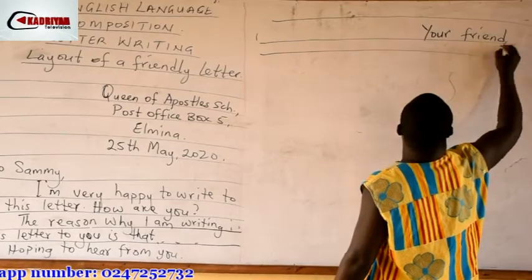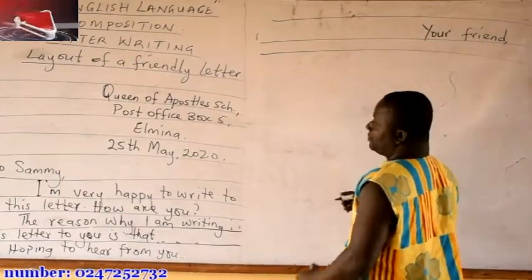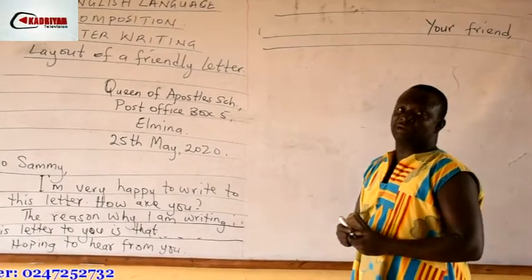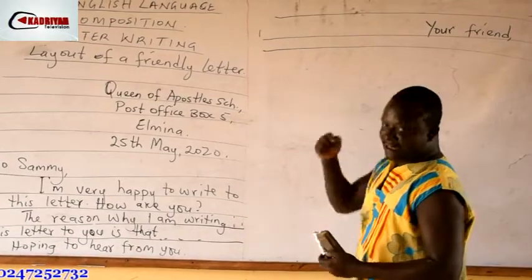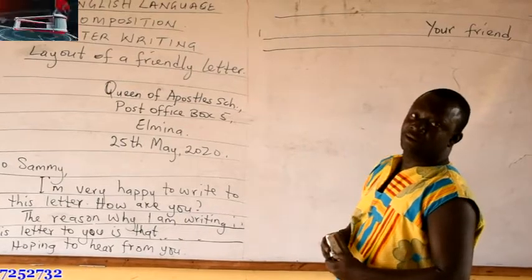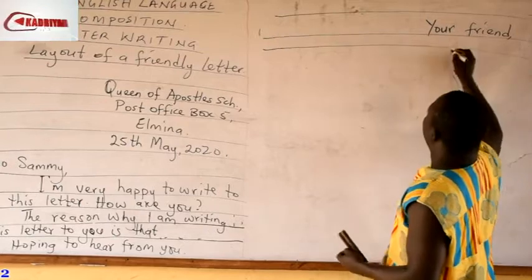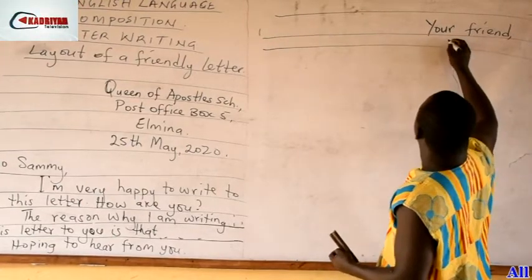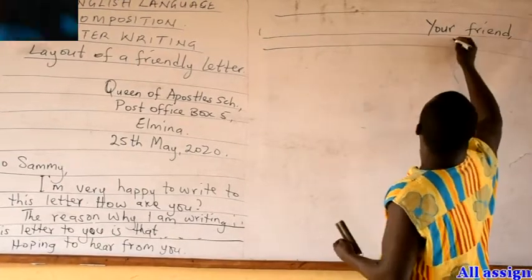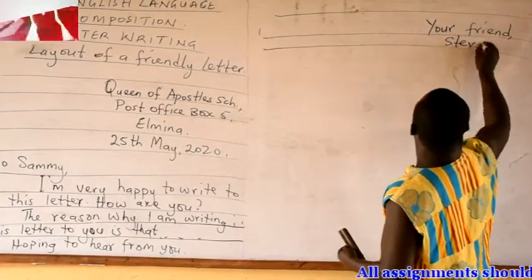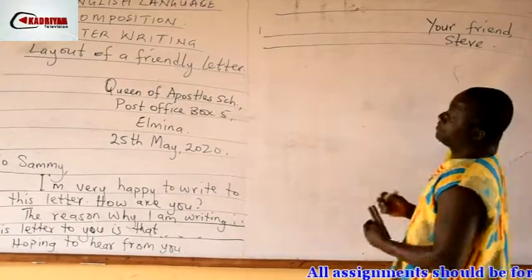If you don't want any trouble, you can write your friend, so that you don't go and write sincerely and you get the spelling wrong. No. Write what you can spell. So your friend, you bring your comma and write your friend Stephen or Steve. Full stop. You are finished.